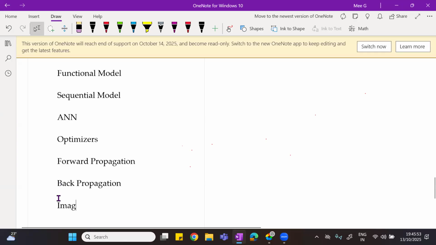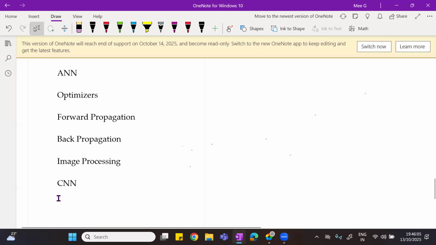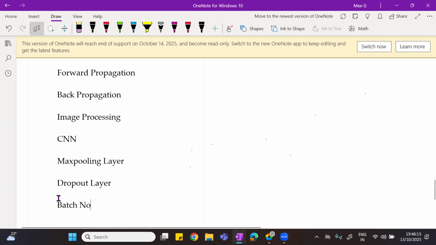And image processing, because in this we are majorly going to deal with images, and we will go with the CNN, convolutional neural network, and the max pooling layer, dropout layer, and batch normalization layer.